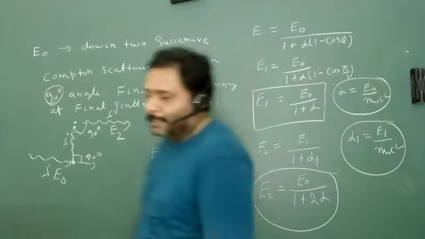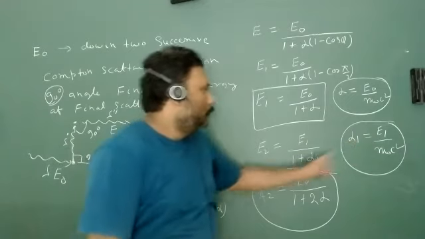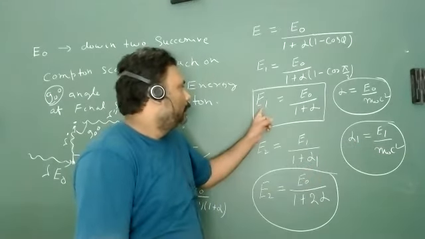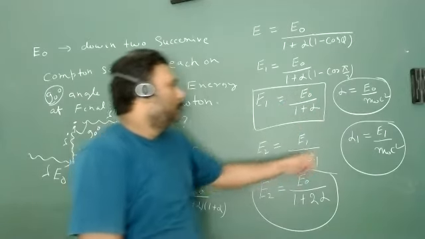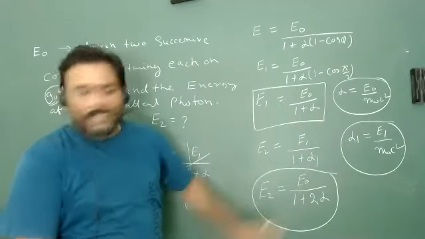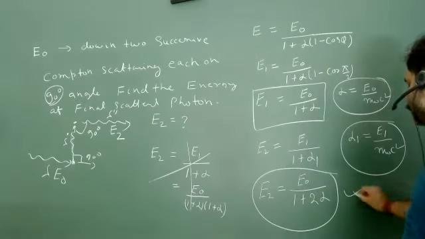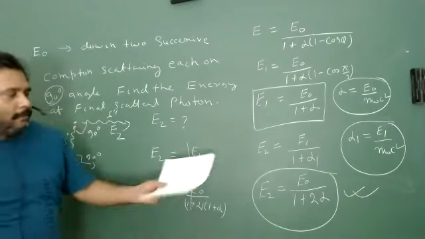You can just calculate, put the value of E1 by m naught c square here, then write the value of E1 as E naught over 1 plus alpha, and then you get this value. E2 will be E naught over 1 plus 2 alpha. A beautiful calculation.